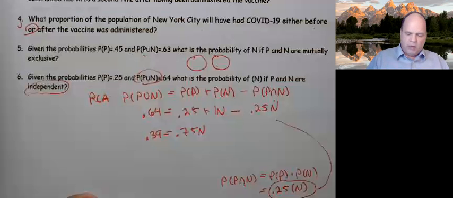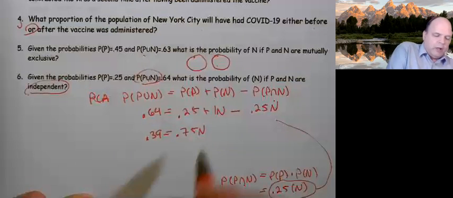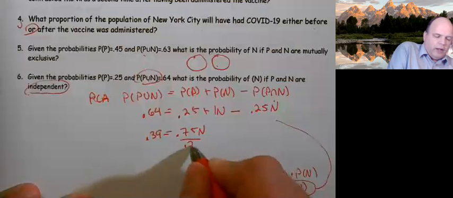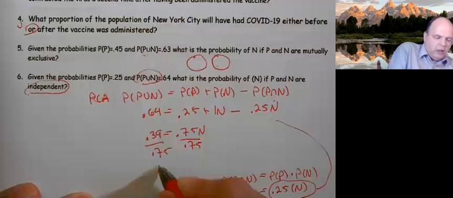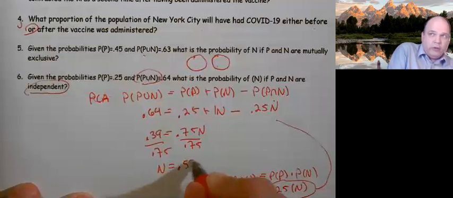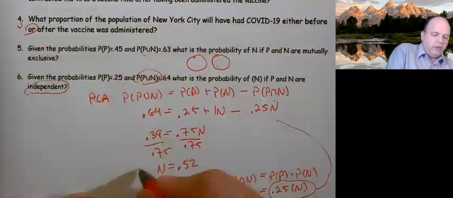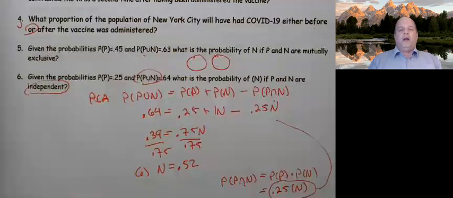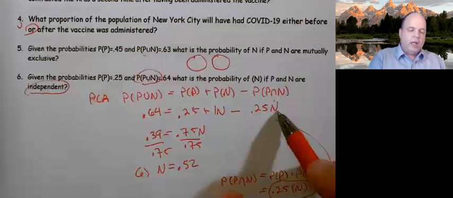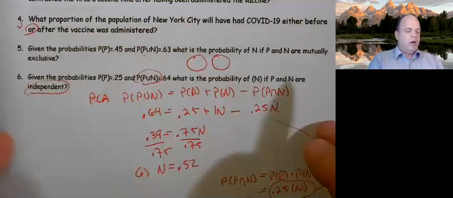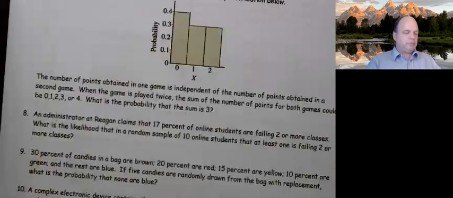Checking my math out. Might have made an error. Wouldn't be the first time. All right, so I divide both sides by 0.75, and I end up getting N equals 0.52. So this is the answer to number 6: N is 0.52. Basically all I did was substitute my knowledge that because they're independent, P times N equals the intersection, and I plugged that in. Okay? All right, moving on to number 7.